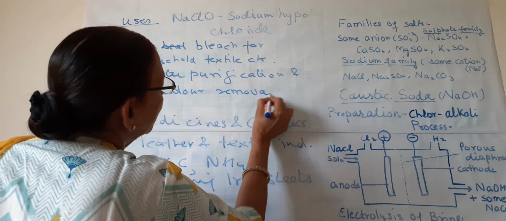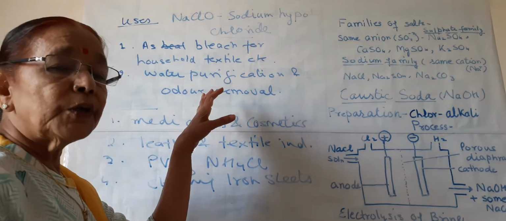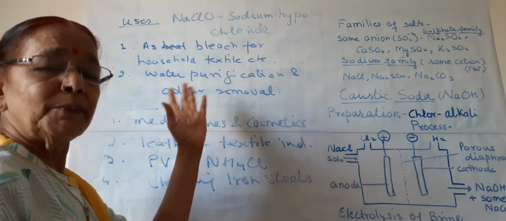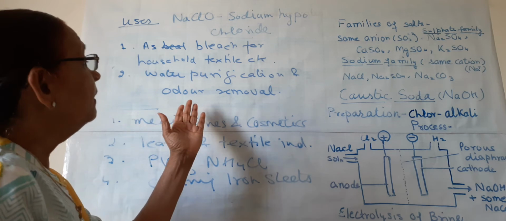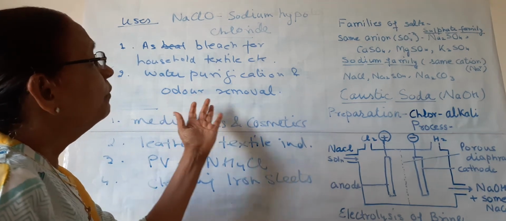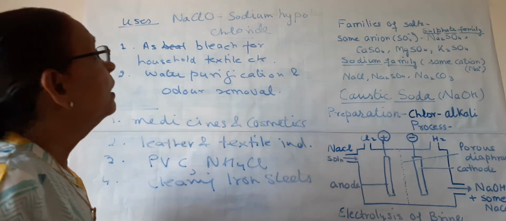So bad odor is removed by putting bleaching powder. You must have seen that in big water tanks bleaching powder is added, and chlorine must be evolved from bleaching powder, which cleans the water and the bad odor is removed.